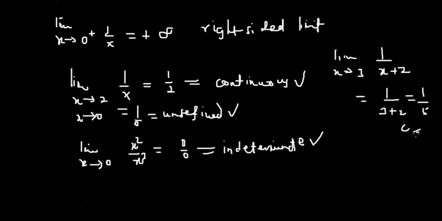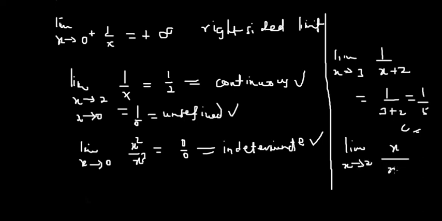You could go further with other examples. We are still working on continuous functions. So you could also have a limit of x going into 2, and then you have x divided by x plus x squared.